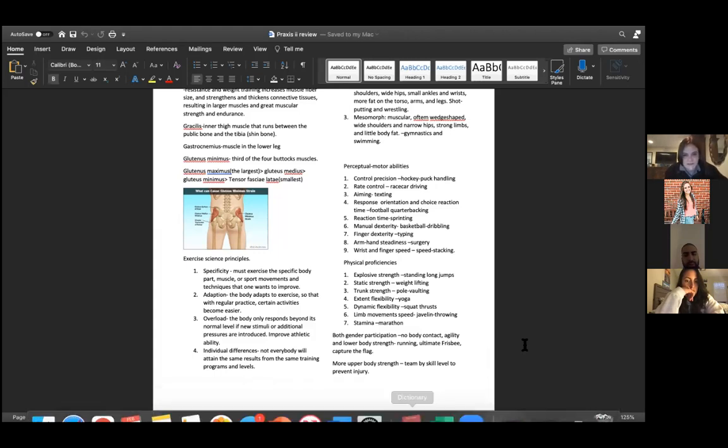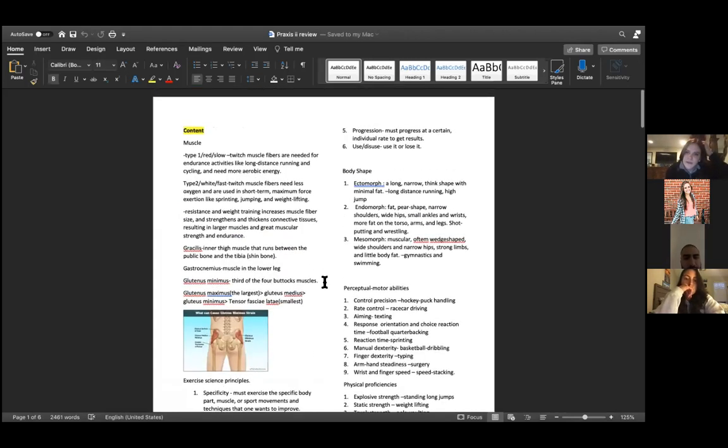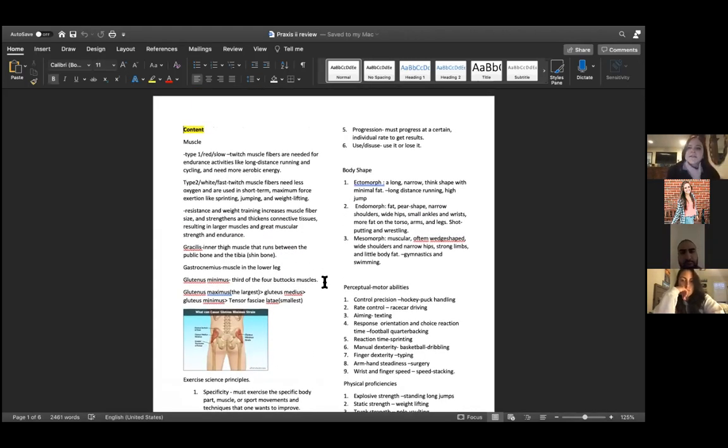Individual differences, not everybody will attain the same results from the same training programs and levels. Progression, must progress at a certain individual rate to get results. Use/disuse, use it or lose it.